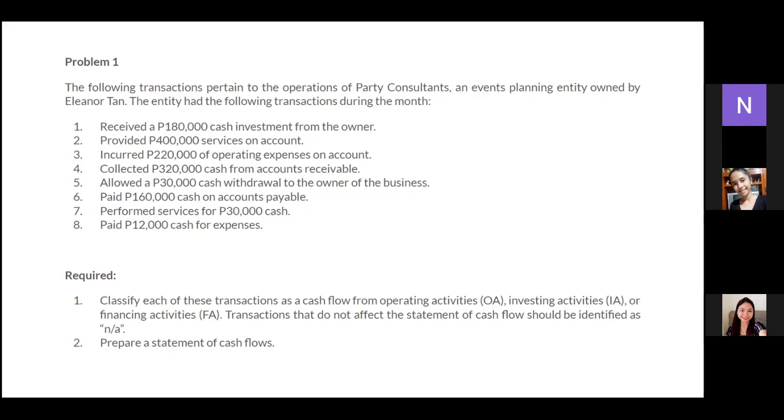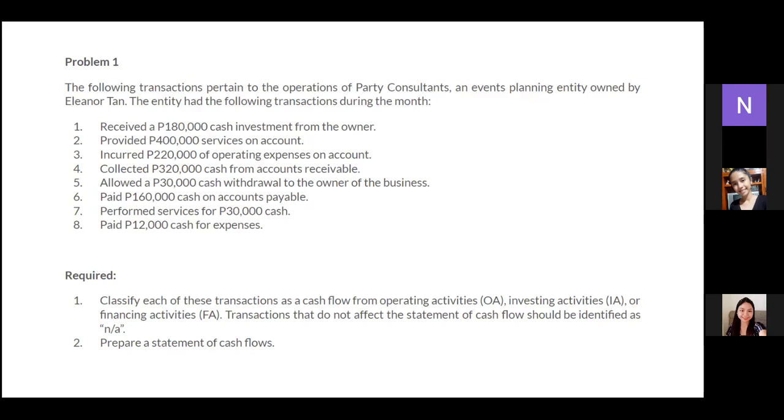Bukod sa operating activities? Investing activities. So, the answer for the transaction 2 is NA.